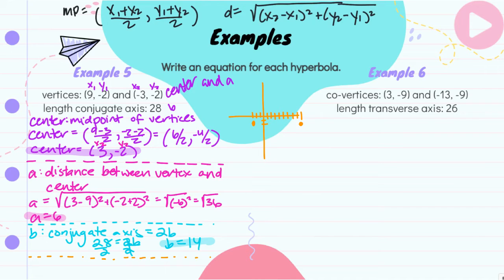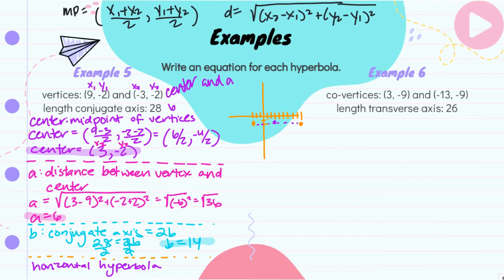So that's about here. And the center is 3, negative 2. So that's here. And notice that this would be a horizontal axis. So that would mean that this is a horizontal hyperbola, because that's a horizontal axis between the vertices and the center.